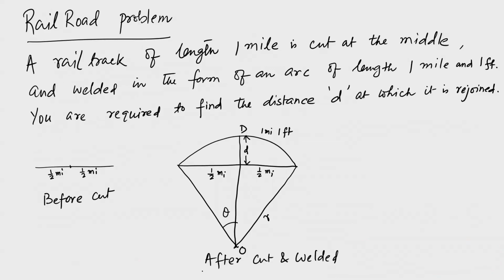So, this is the situation, and let this length be x, and let us call this c, this a, and there is a B here. So, let us just write it as A, B and C. ABC is the rail track which has now become ADC, and we will have to find D.